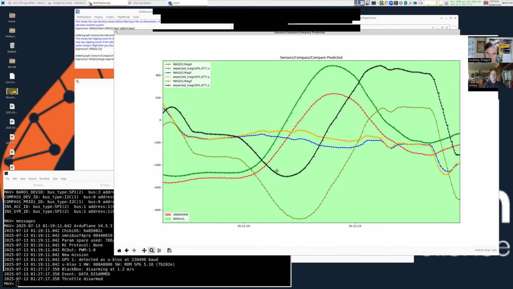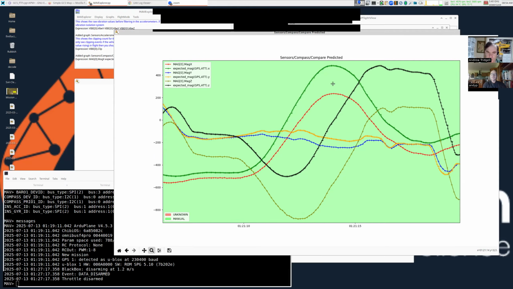You'll also notice that the peaks and troughs don't quite line up with each other, right? So it's not just an offset. There's something else going on, and that could be, for example, a bit of a misalignment. The compass is not quite pointing forward in the right direction. A little bit of tilt error, that sort of thing.